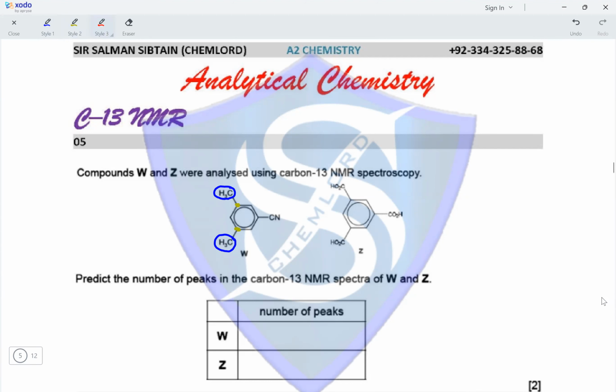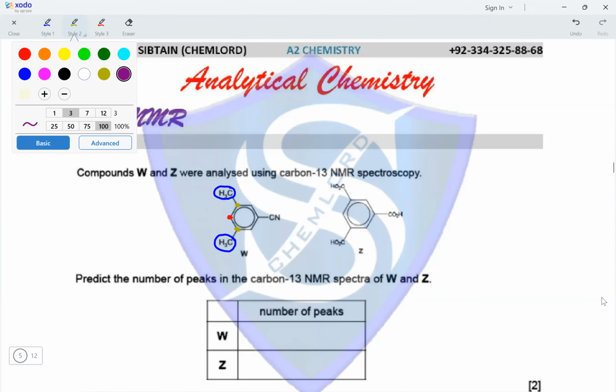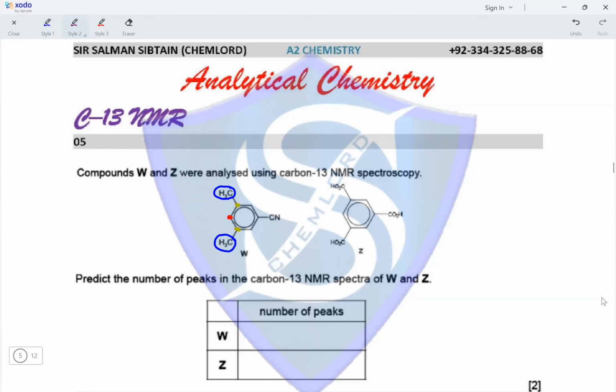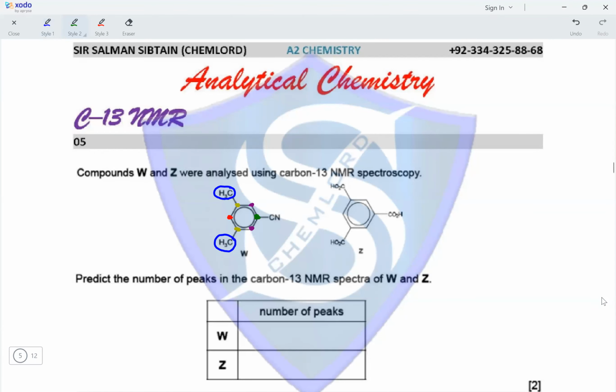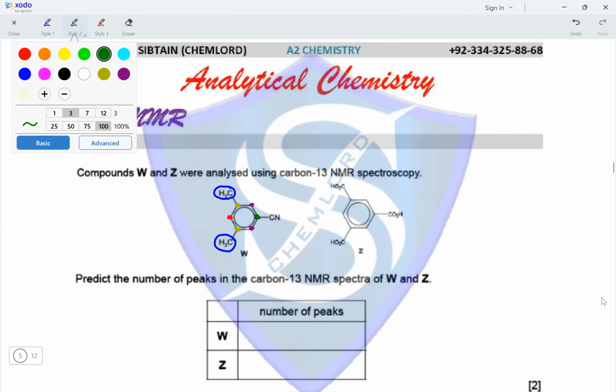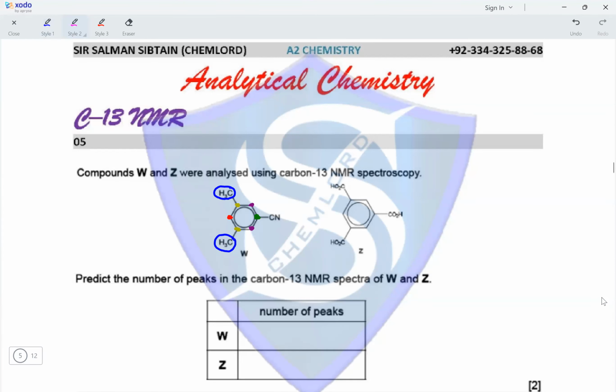A third environment for the carbon atom between those two carbon atoms. A fourth environment for the carbon atoms that are next to the carbon with the CN attached to it. Then we would have another environment for the carbon to which the CN is attached. And finally, a sixth environment for the carbon atom of the CN group.